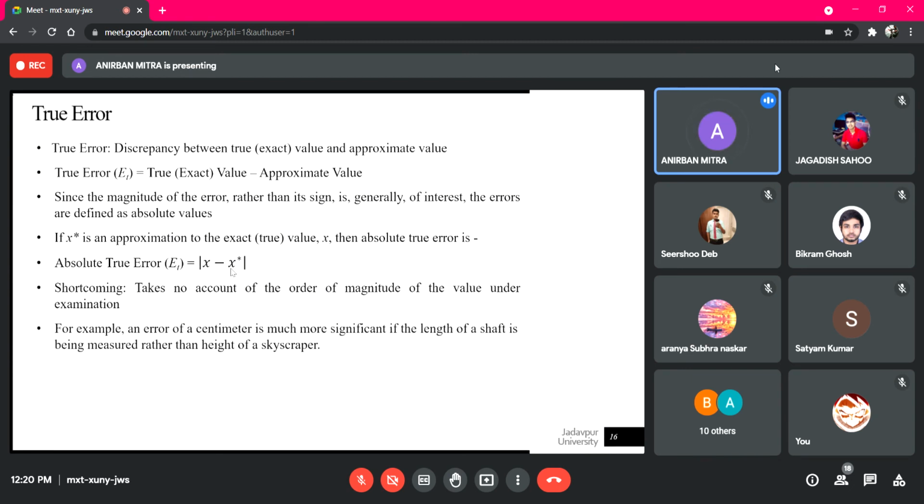Also, another example that is appropriate here that deals with the order of magnitude of errors is the case of stress and strain. You have already studied stress and strain in your previous semesters, probably in strength of materials. Usually in SI units, stress would have a value of the order of 10 to the power 6, whereas strains would be of the order of 10 to the power minus 3, 10 to the power minus 4, even less than that.